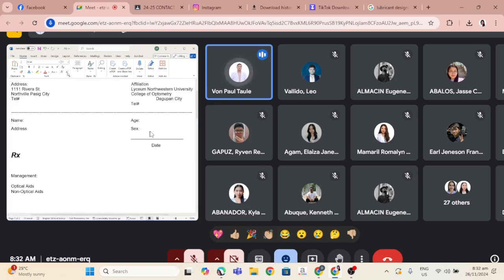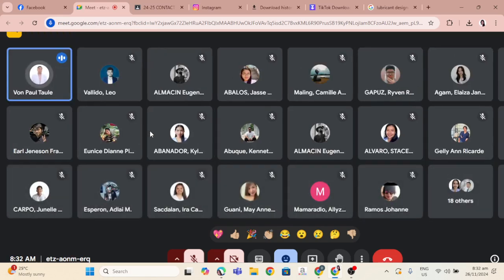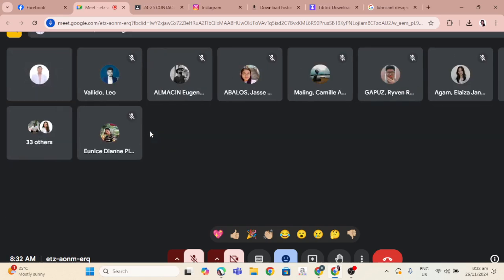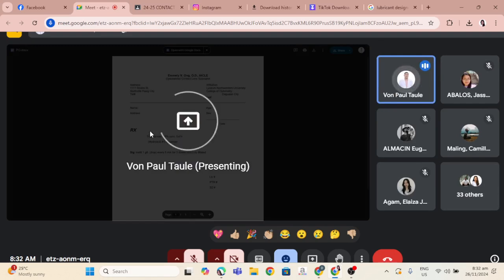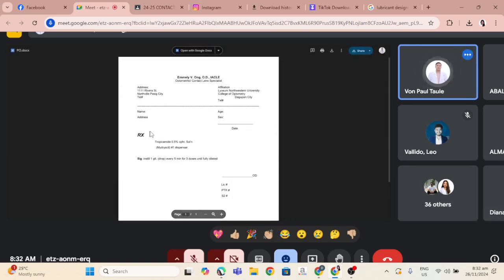So let's go back dun sa previous na PO na ginawa natin, which is this one. So, yung sa PO na ito, ang kulang lang naman dito sa area na to is yung COMDR. Pero included here is yung tropicamide 0.5% ophthalmic solution.